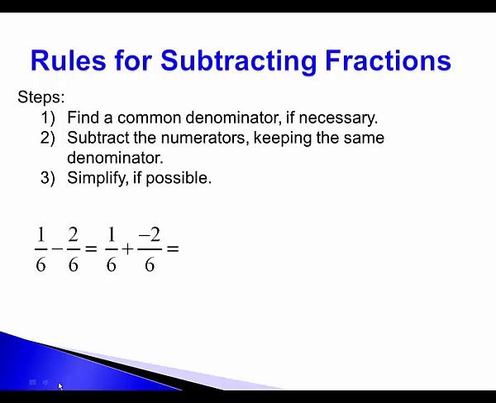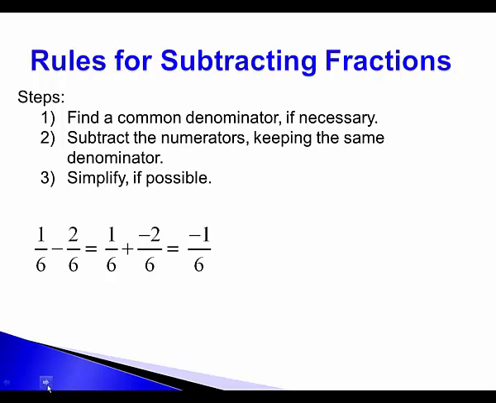Well, that's exactly what we do even when it's fractions. So notice I changed the subtraction to addition, and the opposite of a positive 2 is negative 2. Now I'm ready to ask myself that question. If I put $1 in the bank and I write a check for $2, what do I have left? And the answer is I'm $1 in the hole, so I would end up with a negative 1 over 6. Remember, the denominator stays the same.